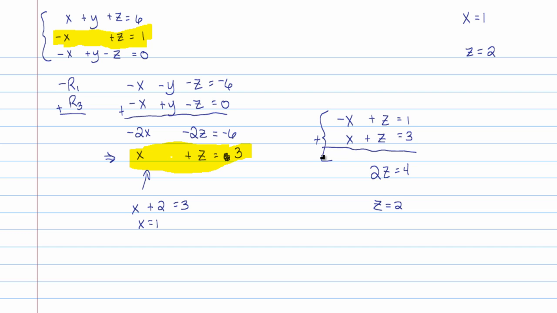Now my last step is to plug x equals 1 and z equals 2 into the first equation, or any of the equations, but the first equation is the easiest. So I'll do that. 1 plus y plus 2 is equal to 6. That's 3, so subtract 3 from both sides, you get y is equal to 3.